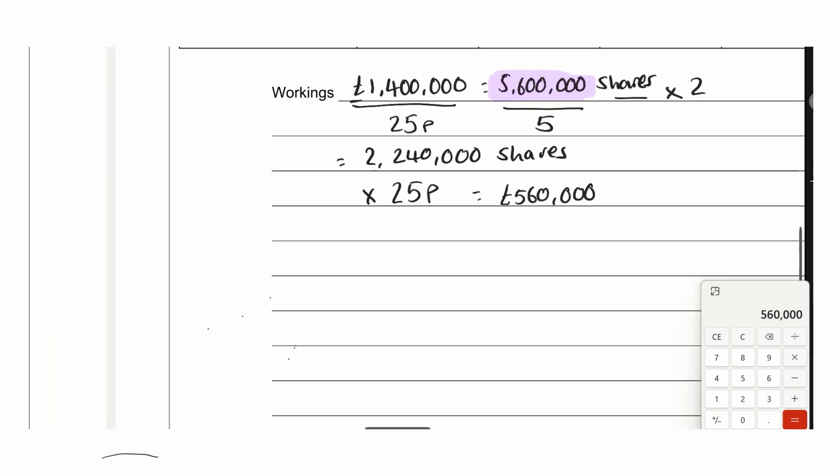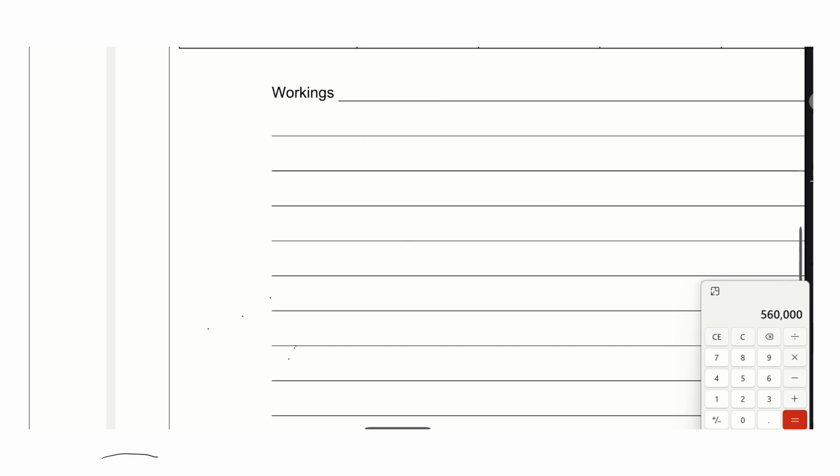Because I need some space, I'm just going to rub this out to show that. So this is the dividend in August 2022. You do 5.6 million shares, and that 5.6 million has come from the original share capital, and then you times this by 0.075, so 7.5 pence.